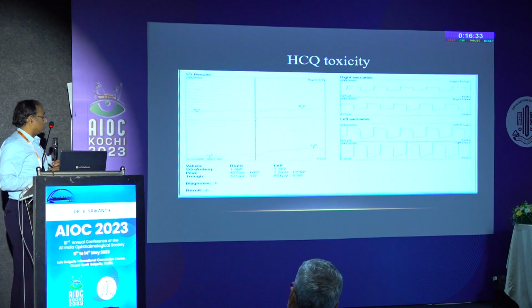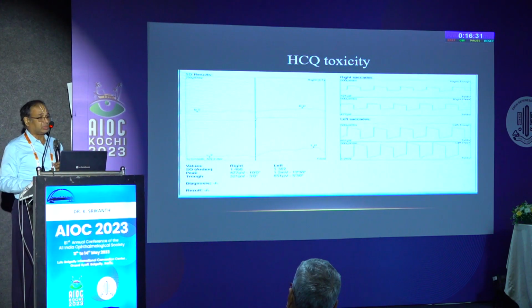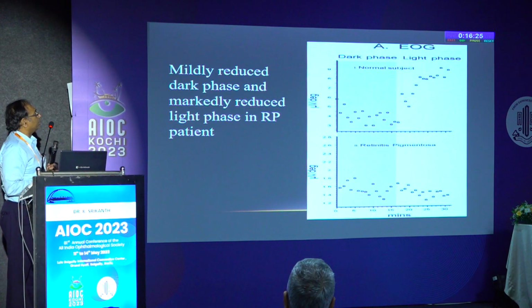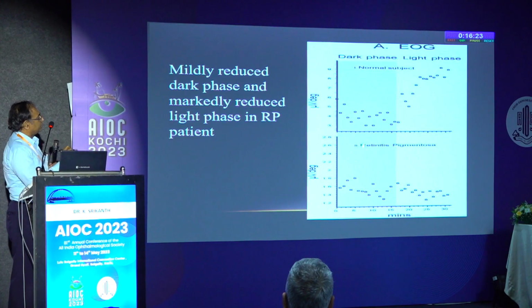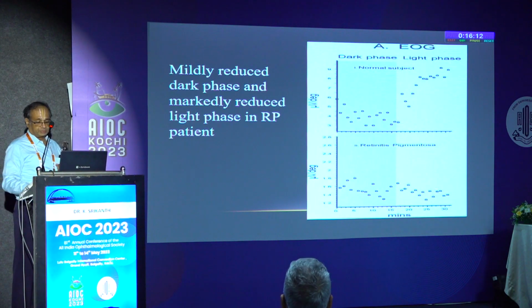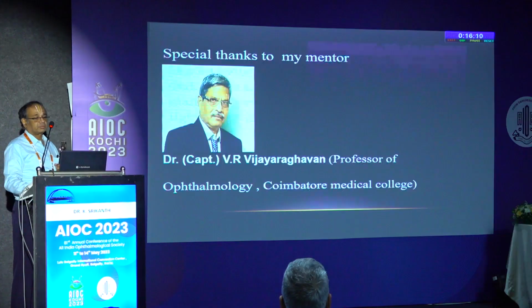Whatever is below normal, that is 1.8, is considered abnormal. Here again a normal subject, dark phase and light phase. Here it is reduced, seen in cases of retinitis pigmentosa. The light phase again is decreased. You can see here.